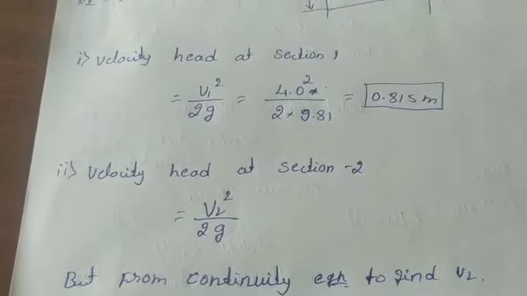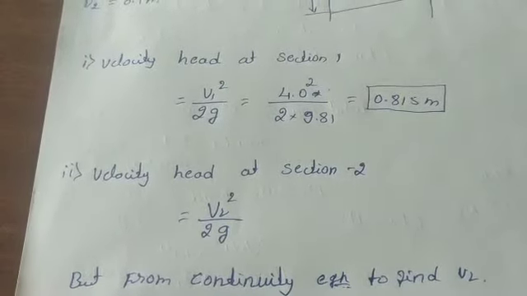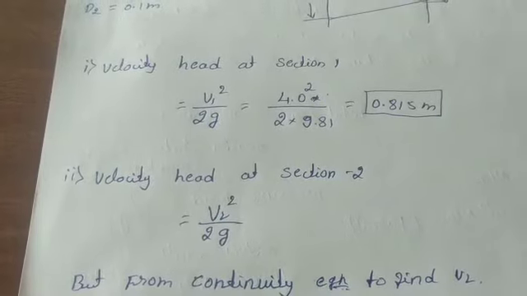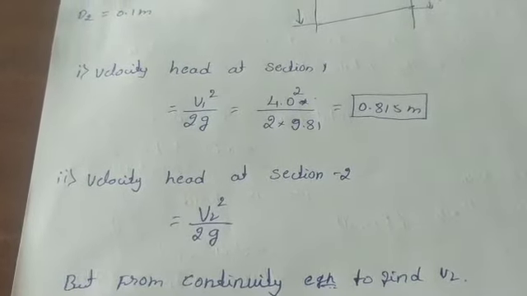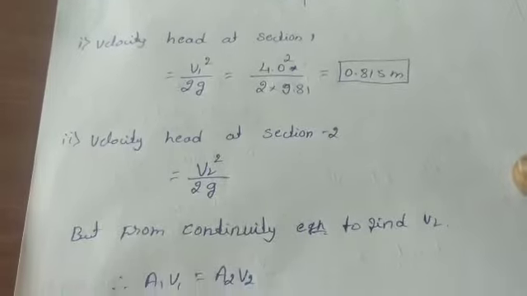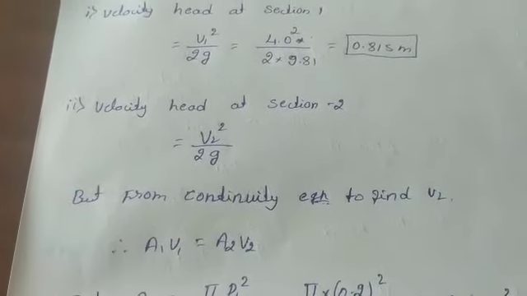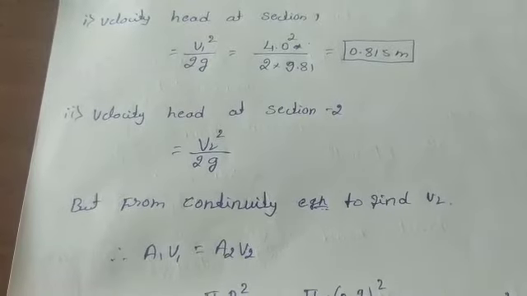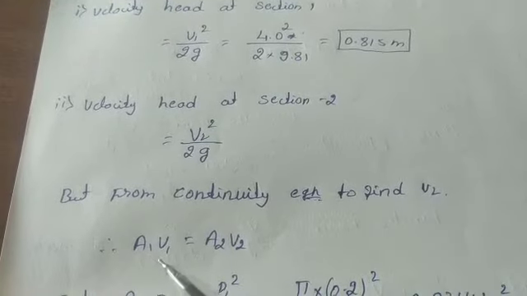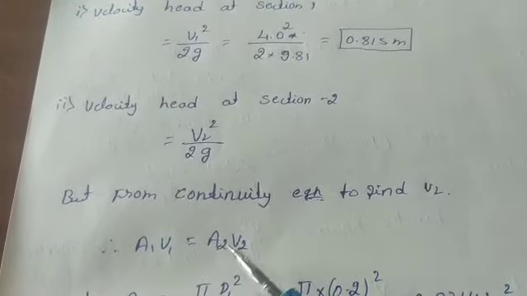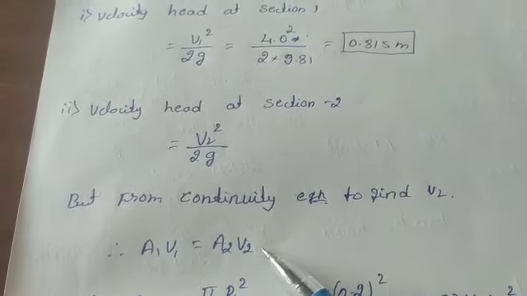From the continuity equation. Just remember that in the kinematics of fluid flow, we derived one equation called the continuity equation. According to that equation, A1 V1 is equal to A2 V2, where A1 is the area at inlet, V1 is the velocity at inlet, and A2 and V2 are the area and velocity at the outlet.